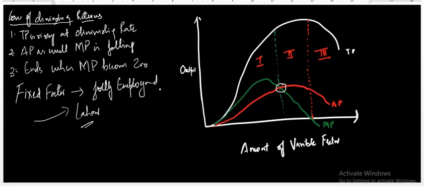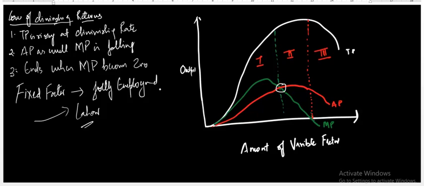So by the addition of the variable factor, the production is going to increase, but not at an increasing rate. Rather, it is going to increase at a diminishing rate.